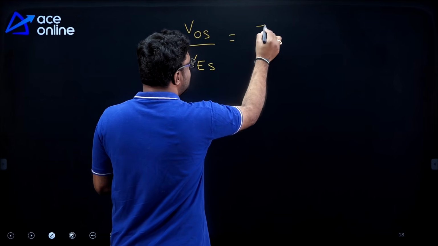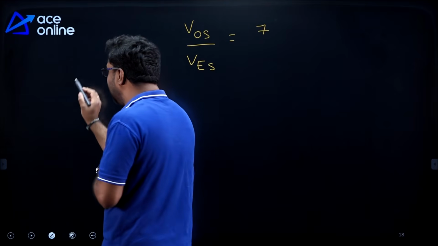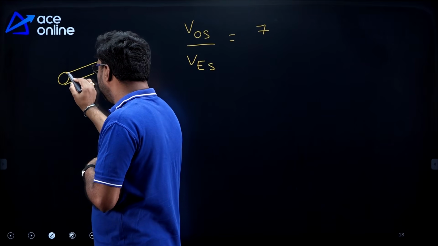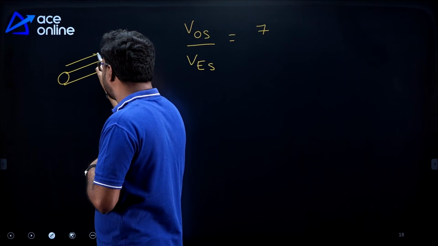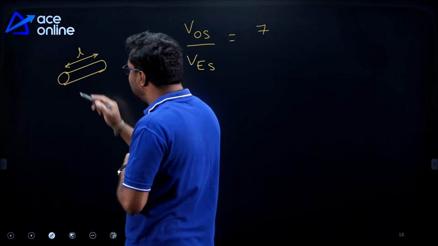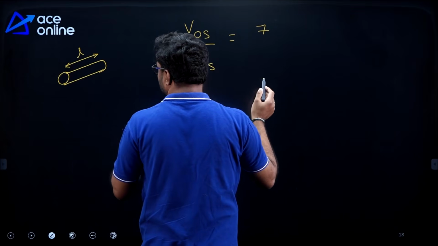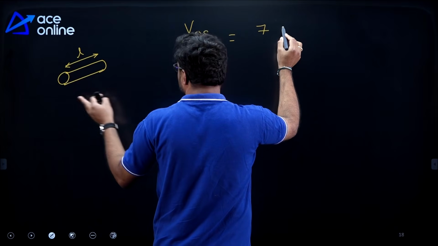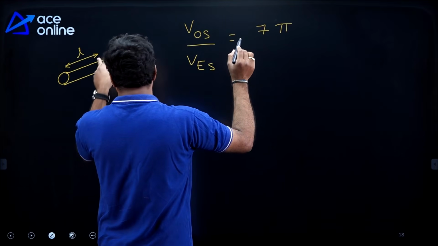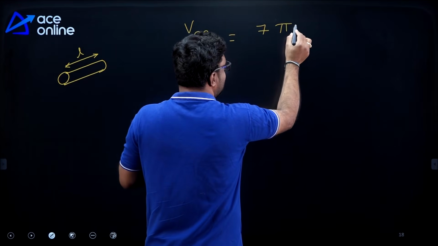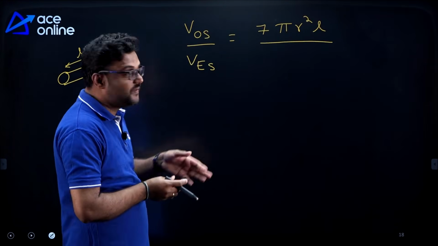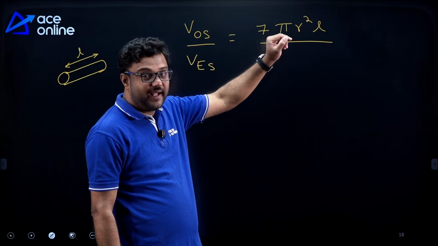What is occupied is 7 chalks, each a cylindrical shape. Here, instead of height, we call it length. Let's say the radius is r. With 7 chalk sticks, the occupied volume is 7 pi r square L. I believe you understand: the volume of a cylinder is pi r square h, and instead of height we have length here.